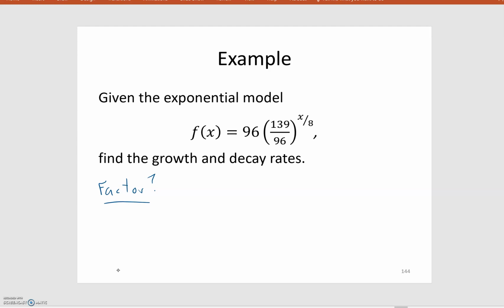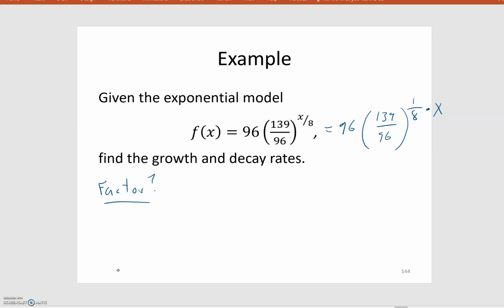And the factor, what I'm going to do is rewrite this. And all I've done is separate the variable from the other portion of the exponent, because the other portion of the exponent is actually part of the factor.